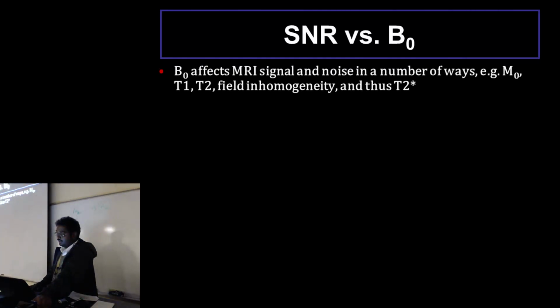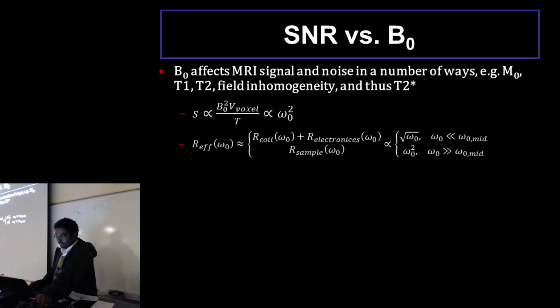Signal to noise ratio, we talked about the B0 parameter initially in our first slide, where it was proportional to square root of B0. Signal is of course proportional to omega naught squared, but it turns out that the resistance that you saw in that expression is also related to the frequency of operation.